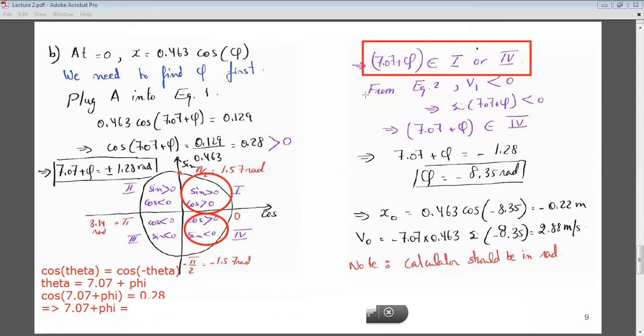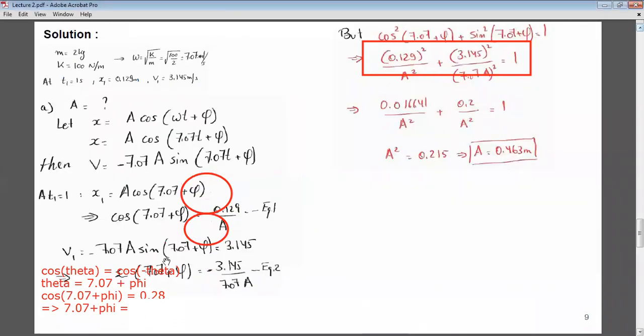So the angle 7.07 plus phi is either in quadrant 1 or quadrant 4. But from the second initial condition, which has to do with V, we know the sign is negative. So the sign of the angle is negative.